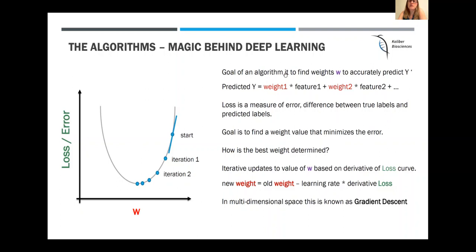Like we said, the goal of the algorithm is to come up with these weights, the weights that help you build a relationship between features and the outcome. Because we have the actual and the predicted values, we can estimate error on a problem.